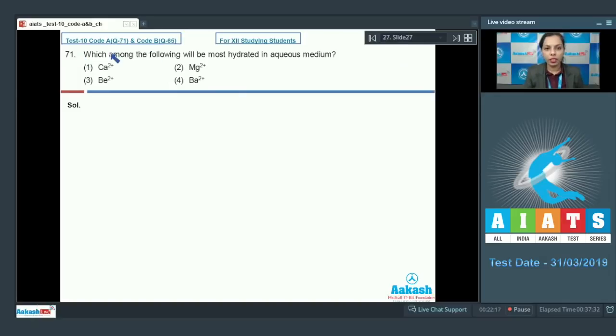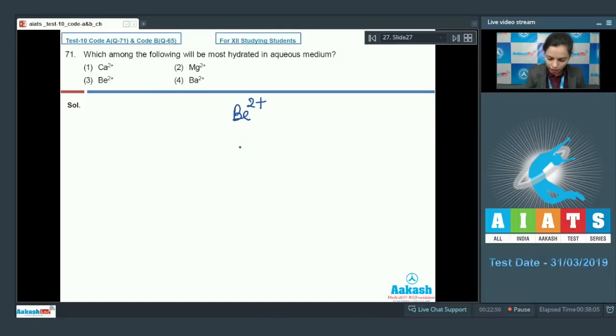Question number 71. Which among the following will be most hydrated in aqueous medium? The hydration depends on the charge to radius ratio. It means more charge and lesser size will result in more hydration. In this case, all of these ions have the same charge. It means this hydration is dependent on their size only. So if I talk about the size, smallest size is there for the beryllium ion, because these all are the ions of the alkaline earth metal.